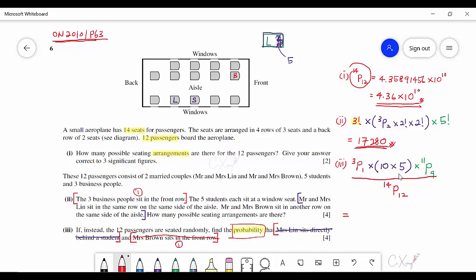If you press the calculator, the numerator that you should get is 299,376,000 divided by 14P12. Your final answer should be 25 over 364, or corrected to 3 significant figures, 0.0687. So this is how we solve this question.